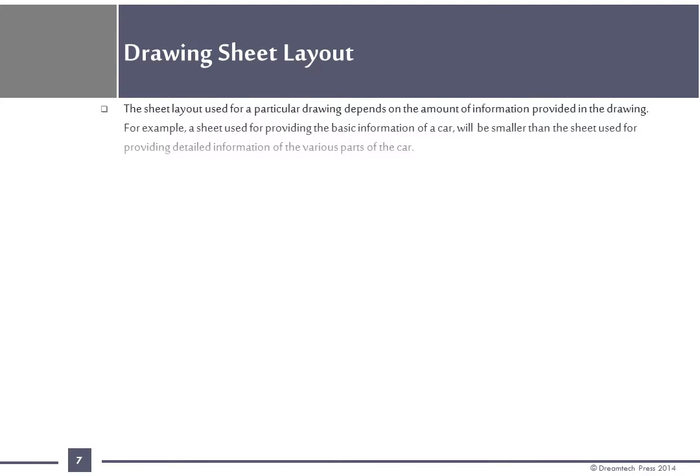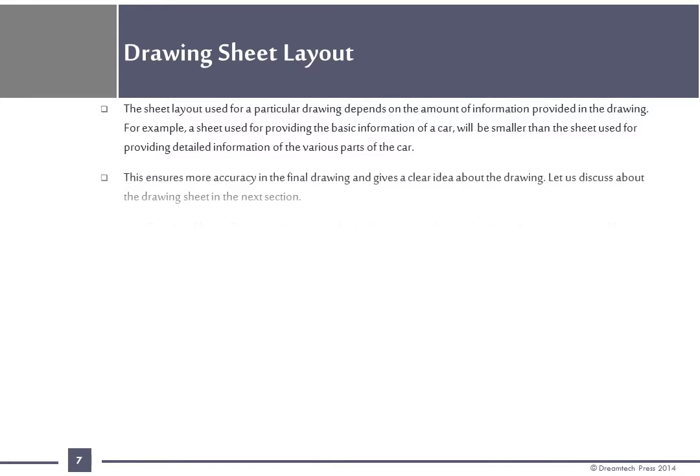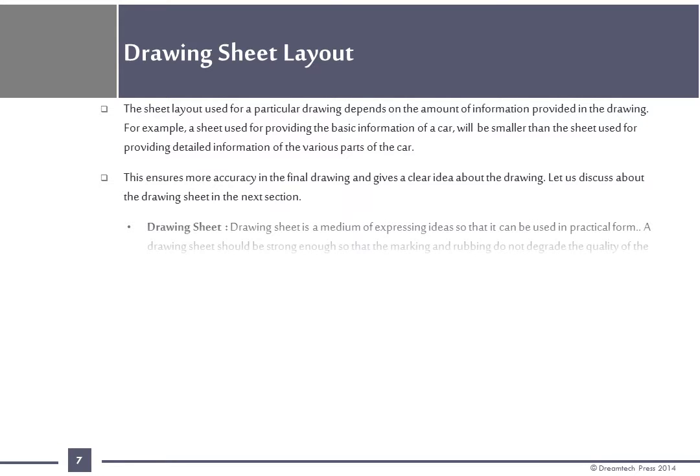For example, a sheet used for providing the basic information of a car will be smaller than the sheet used for providing detailed information of the various parts of the car. This ensures more accuracy in the final drawing and gives a clear idea about the drawing. Let us discuss about the drawing sheet in the next session.